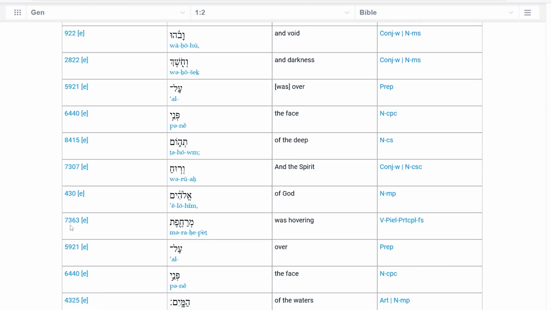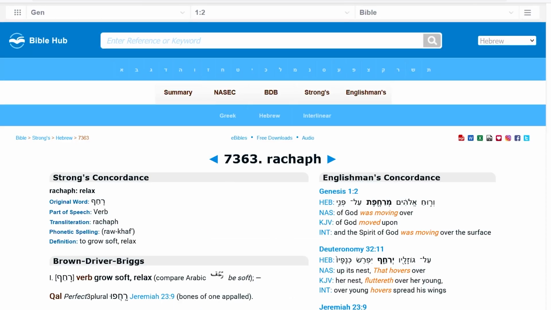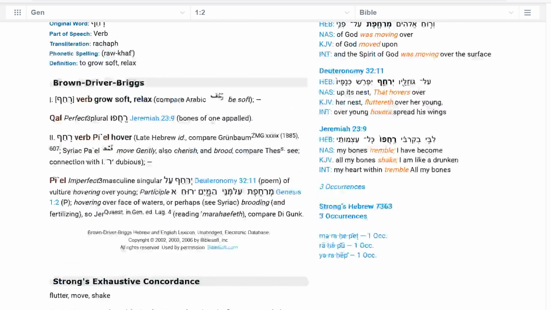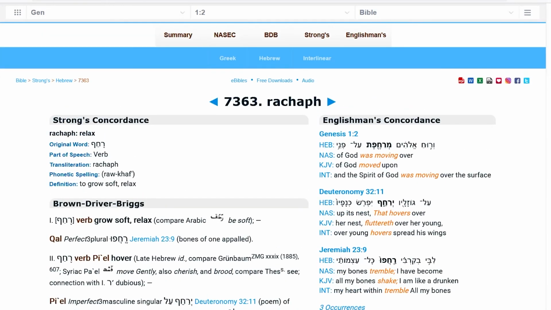Hover right here. The Spirit of God was hovering. So you click on that, and you go here: flutter, move, and shake. What? Brood. And remember I was telling you that. Oh, that's crazy.